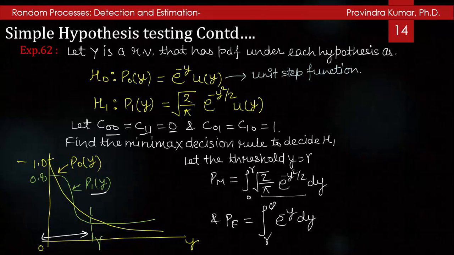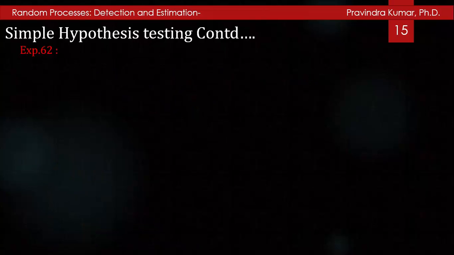The probability of false alarm will be the integration from gamma to infinity of e to the power minus y dy, meaning the PDF under hypothesis H0. And for the uniform cost, PF is equal to PM.